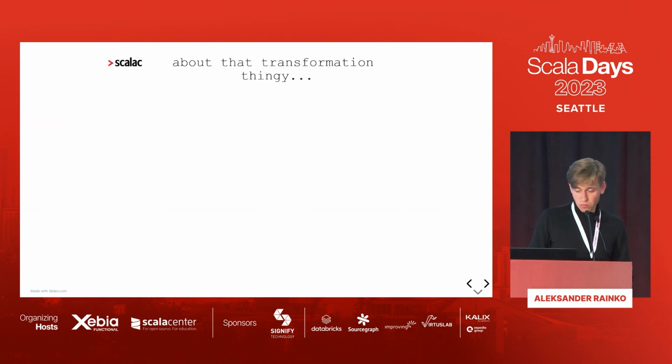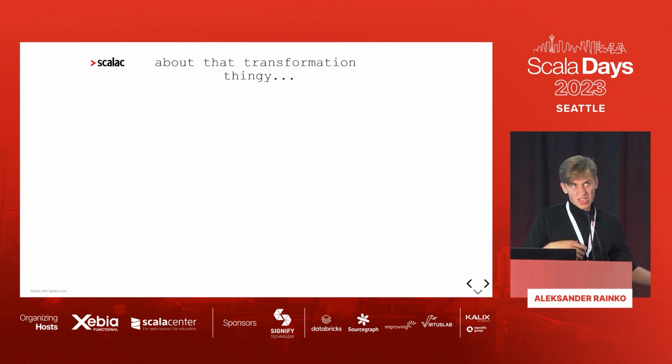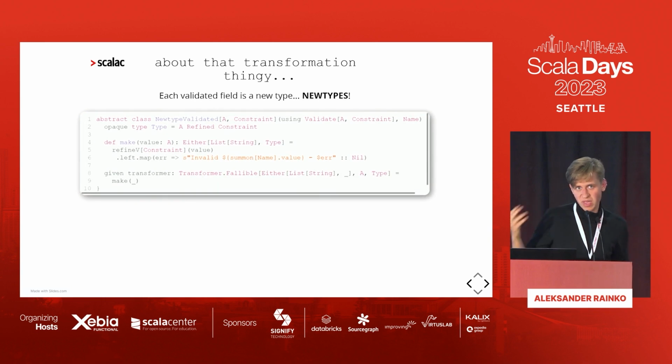But once we've got that, how do we actually transform between the API model and the domain model? What can we do, like the work I mentioned earlier, to make fallible transformation actually work for us? We need to model our domains in a certain way, and by that I mean each field that has some kind of validation logic should be a newtype. That's, I think, a general rule that is good for anything we do here in Scala.